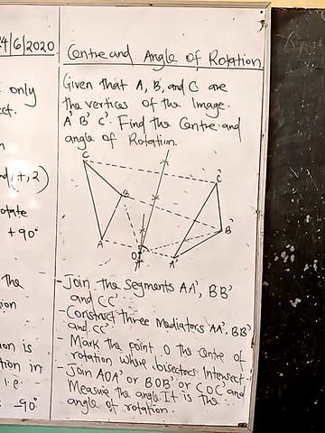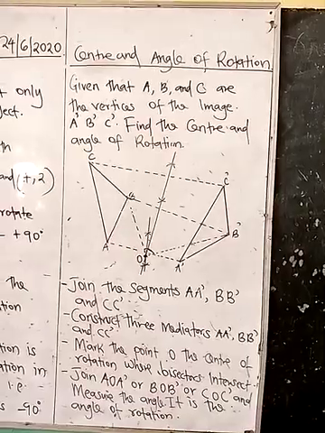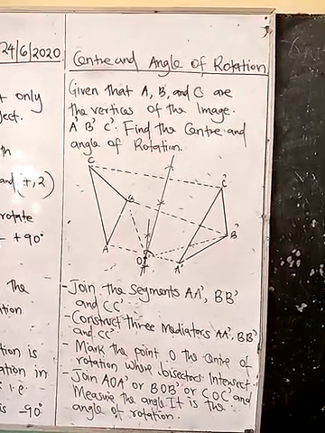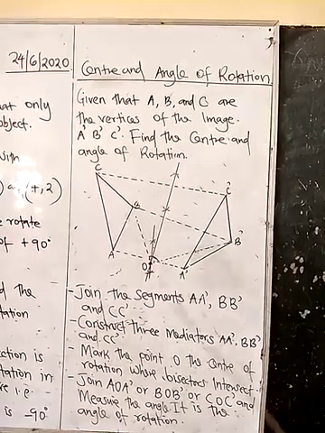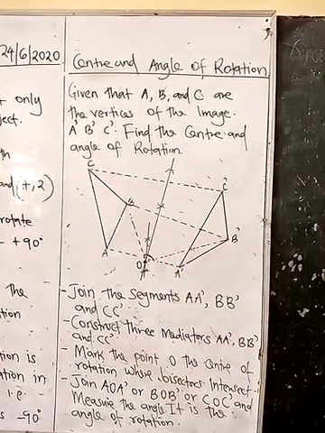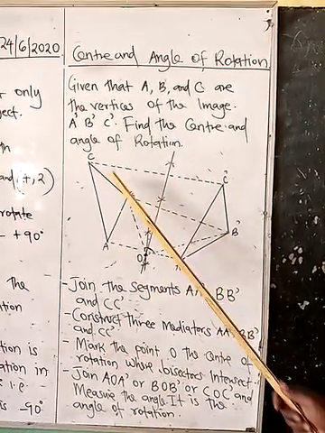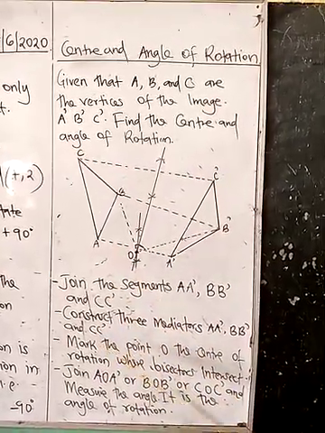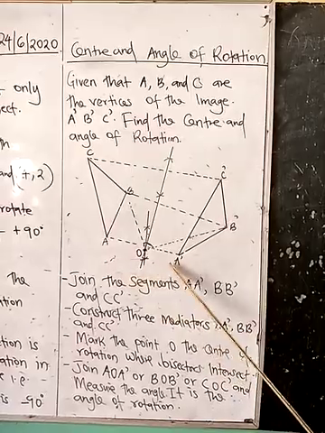When you join C and C prime, A and A prime, and B to B prime, you come up with a line. Then that line, we bisect it using a pair of compasses. When you bisect line C to C prime, then bisect A to A prime, that is what I've used in this case.